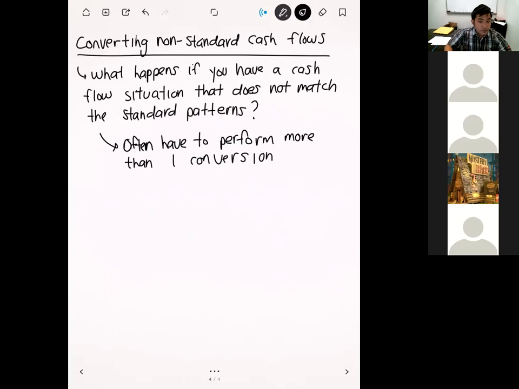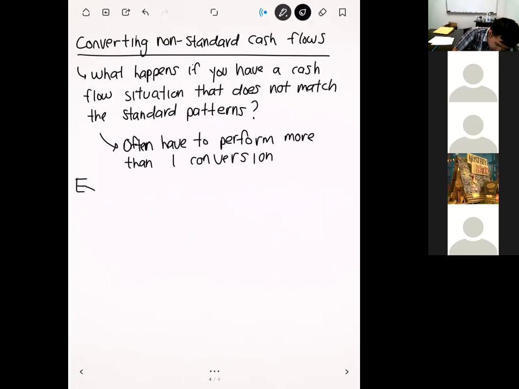Usually you'll perform one conversion to transform it into a certain form, usually some kind of present sum. Present sum is usually the best to convert to, and then you're going to convert from that present sum to something else.